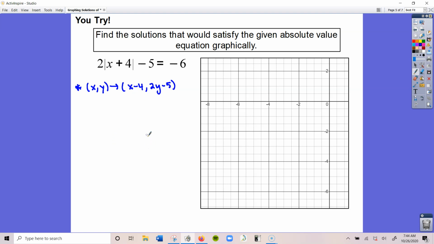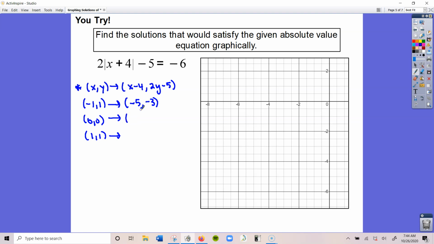Here I don't have to divide anything, so I'm going to use my regular reference points, negative 1, 1; 0, 0; and 1, 1. And I'm going to go ahead and plug it in. When I plug in negative 1 for the x, negative 1 minus 4 is negative 5. And when I plug in 1 for the y, 2 times 1 is 2, minus 5 is negative 3.